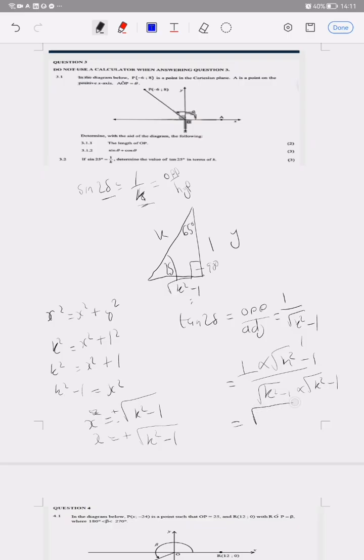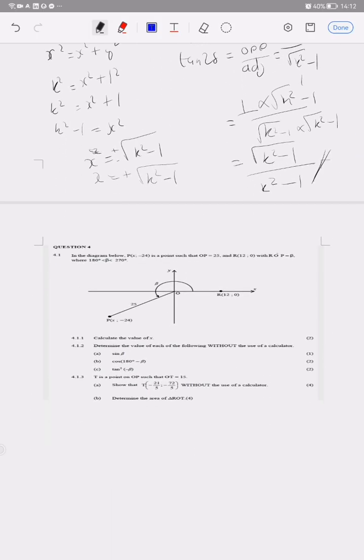So this becomes the square root of k squared minus 1 over k squared minus 1. So this becomes a solution. Okay, now we go to the next question.